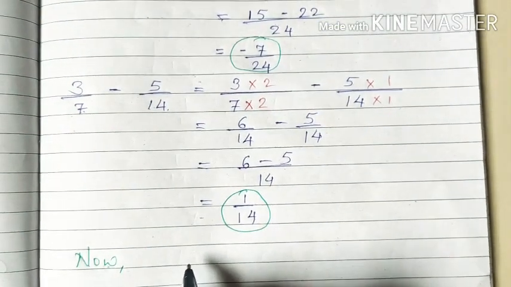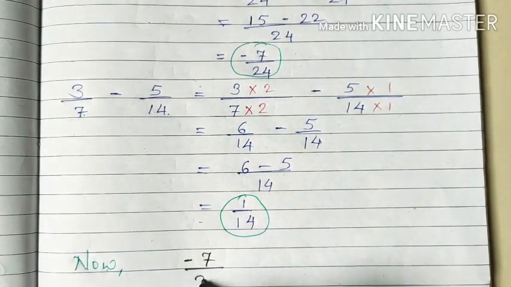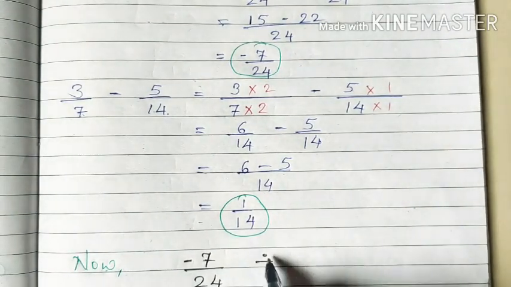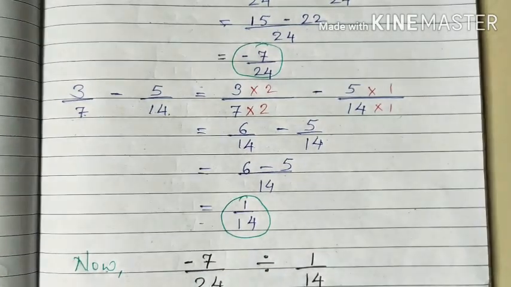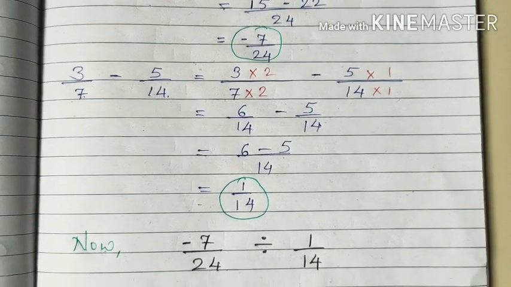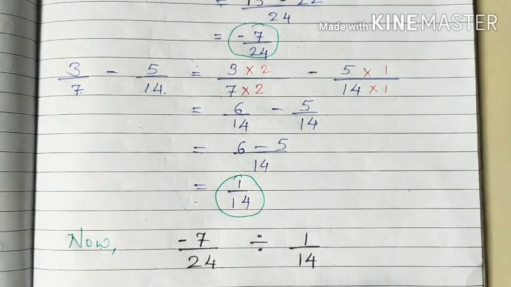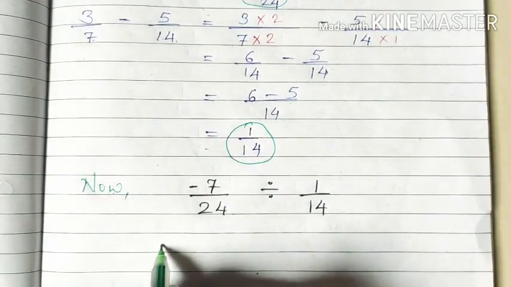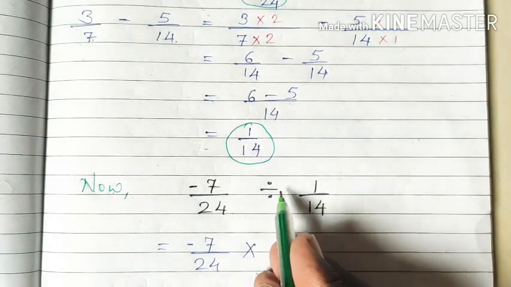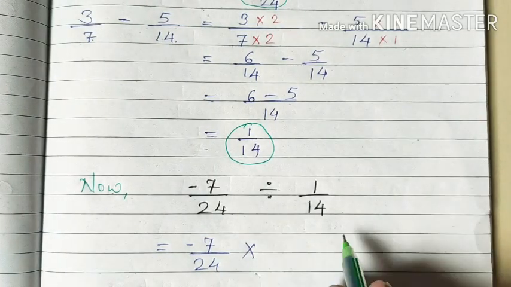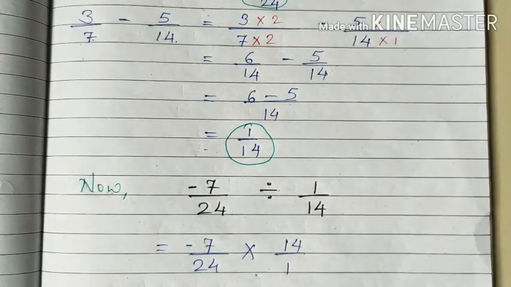So it is minus 7 upon 24 divided by 1 upon 14. Then what are we going to do? Division is converted into multiplication. Take the reciprocal of 1 upon 14. It is 14 upon 1.